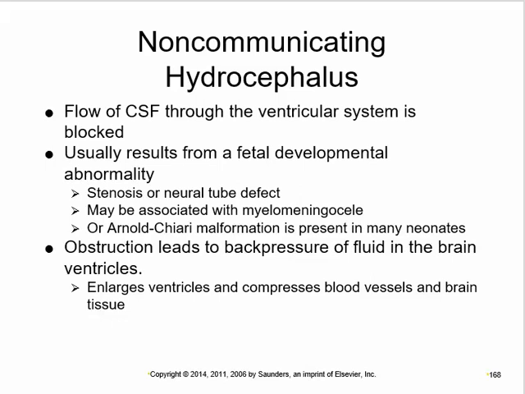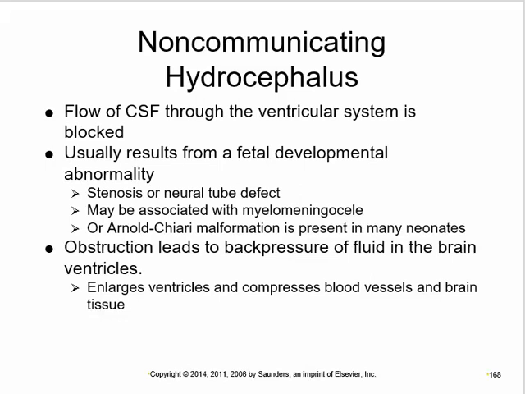But no matter what, these obstructions will lead to some back pressure of this cerebrospinal fluid within the ventricles of the brain, because normally it's being produced, it flows through the ventricles and down the central canal of the spinal cord and then up and is reabsorbed in the meninges.